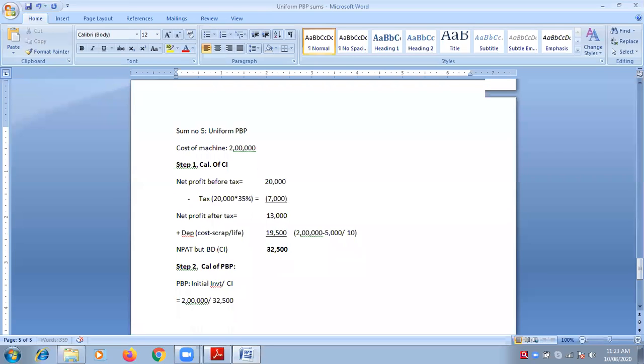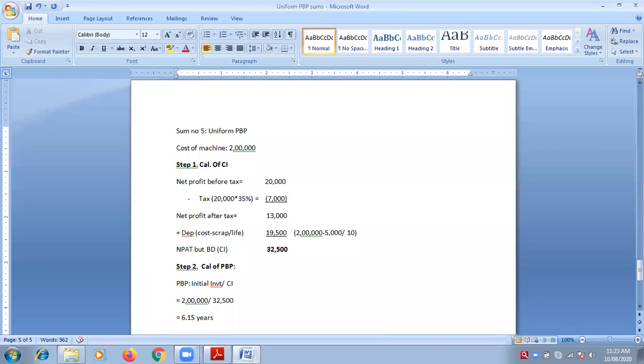So what is the final answer? 6.15. 6.15 what? Always remember years. That means to cover 2 lakhs rupees, it will take me 6 years, 1 month, 5 days.